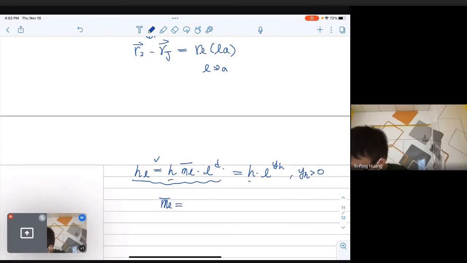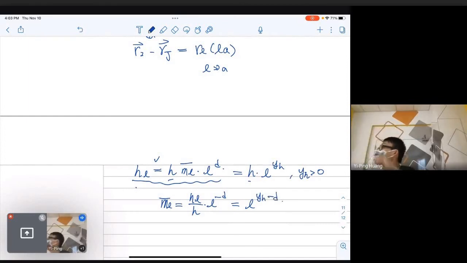As a function of L, ML bar will be basically HL divided by H times L to the minus D. Because we know HL is H times L to the YH, this is basically L to the YH minus D. This is just shuffling things around and implementing the assumption that HL is equal to H times L to the YH.